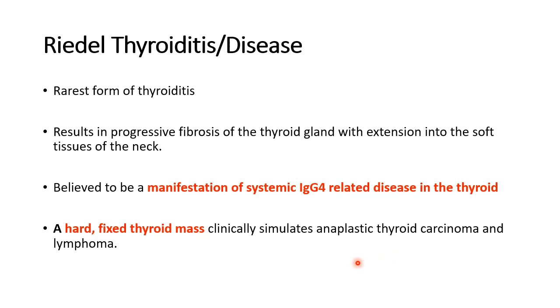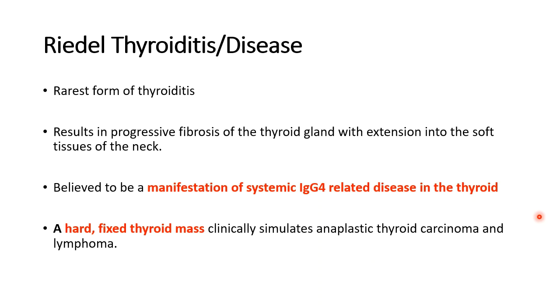So whenever you have a patient with a hard mass of the thyroid, which is fixed to the surrounding tissues, you should keep two possibilities: anaplastic carcinoma, or it can be a case of Riedel's thyroiditis. So if it is a rapidly developing lesion of a few days history or a month's history, possibility of anaplastic carcinoma of thyroid is more likely.